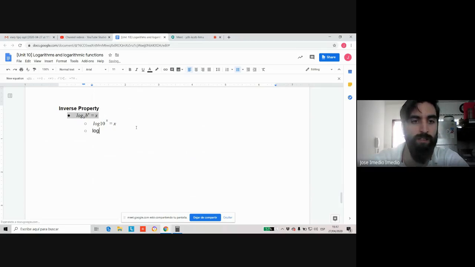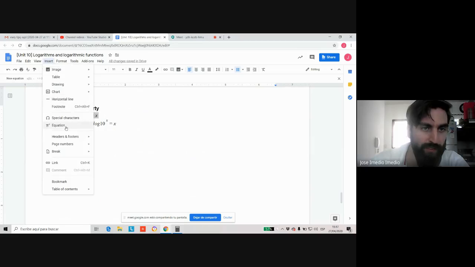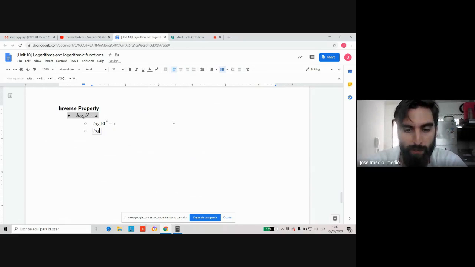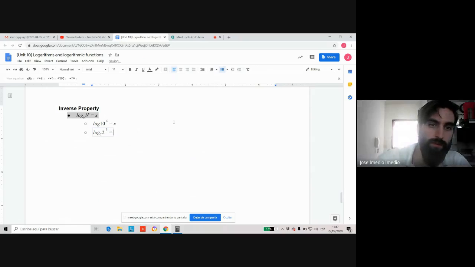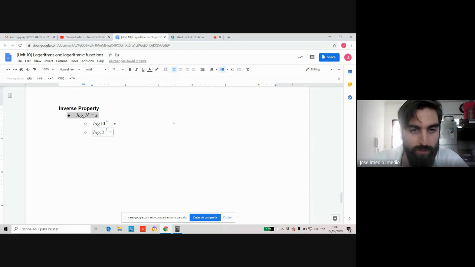Okay, let's do it even more evident. The logarithm base 2 of 2 raised to the power of 3 equals 3, right? Very easy.